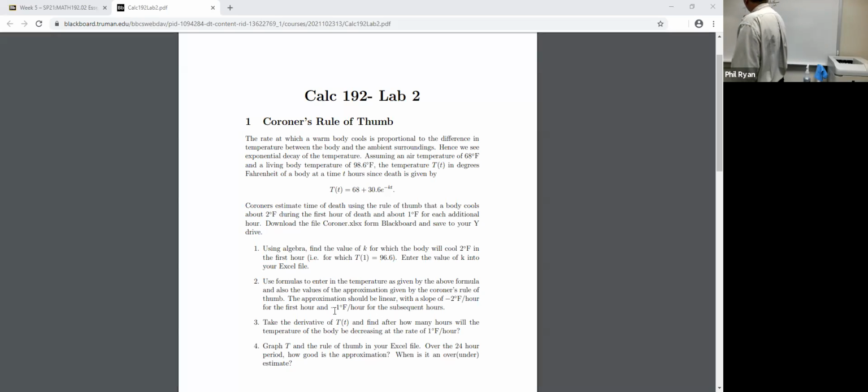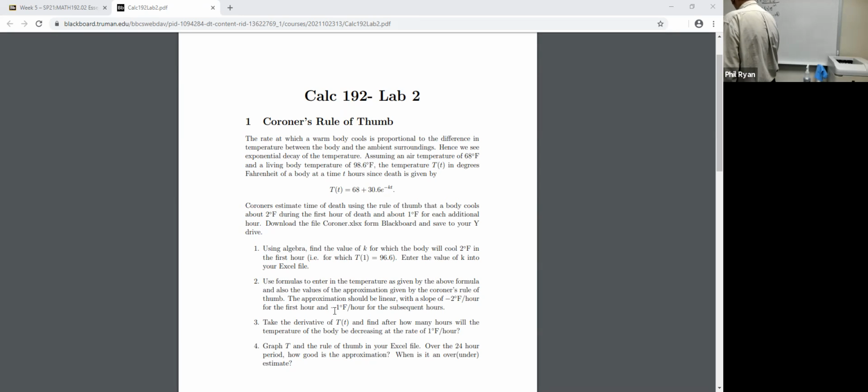Okay, and so we want to solve when minus 1 equals 30.6 times minus k times e to the minus kt. So we want to solve for t. Okay, so we can get rid of the minus signs. And so we get 1 divided by 30.6k equals e to the minus kt. We can get rid of the minus by reciprocating, so 30.6k equals e to the kt.